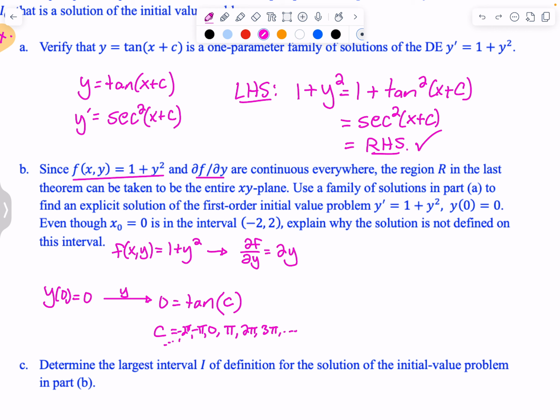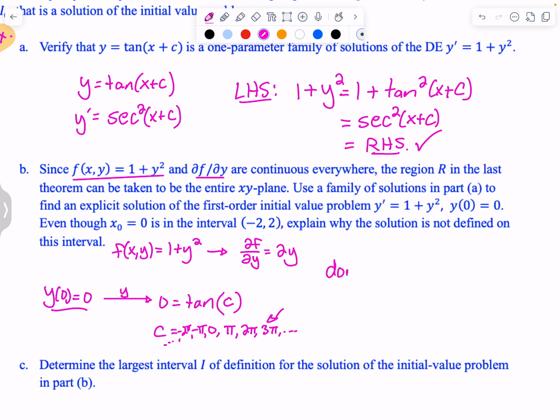So I know that c, that 0 is right there. Now you might say, okay, then I can just go negative pi to pi. Well, no, everything here was what makes that 0. That's not what defines it. It's just what c will have to be if I want it to go through 0, 0. What we do from here, though, is I have to figure out maybe even the domain.